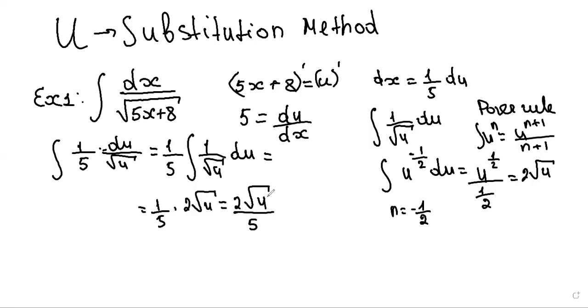We should never forget to substitute back: u is 5x plus 8. So we write 2 times the square root of 5x plus 8 divided by 5, and we will have plus c. So that's how we integrate a complex integral by converting it into a simpler form.